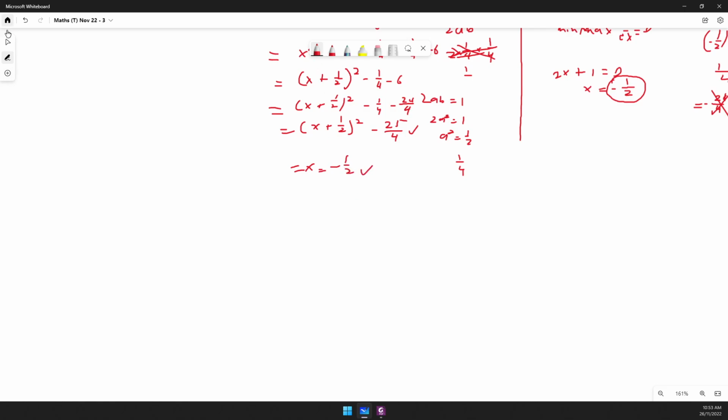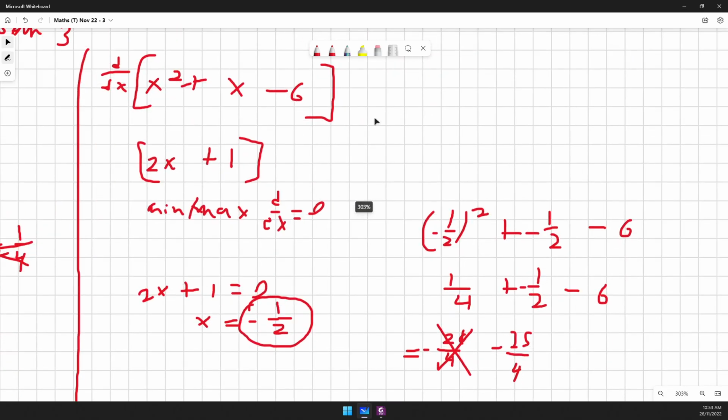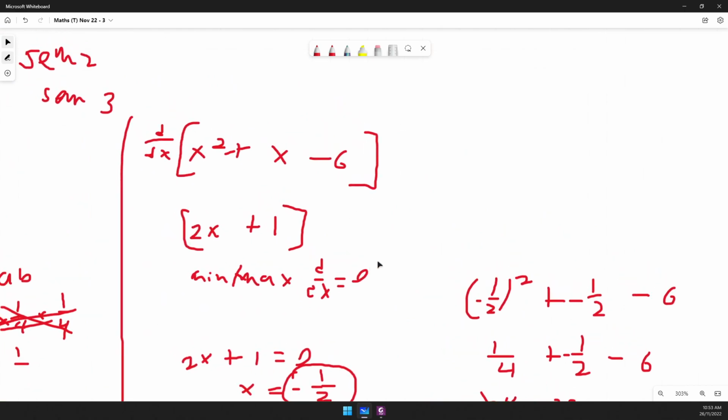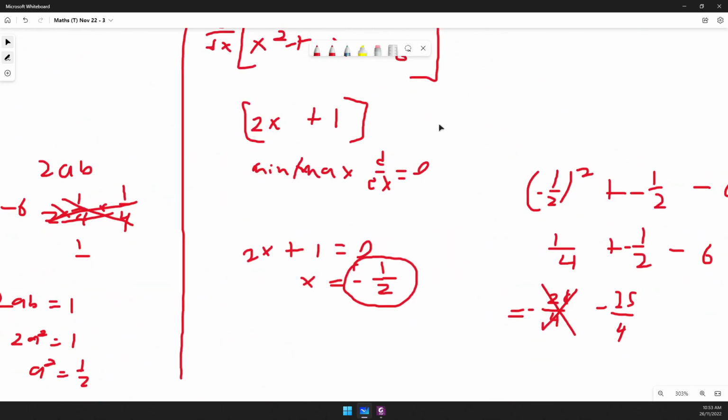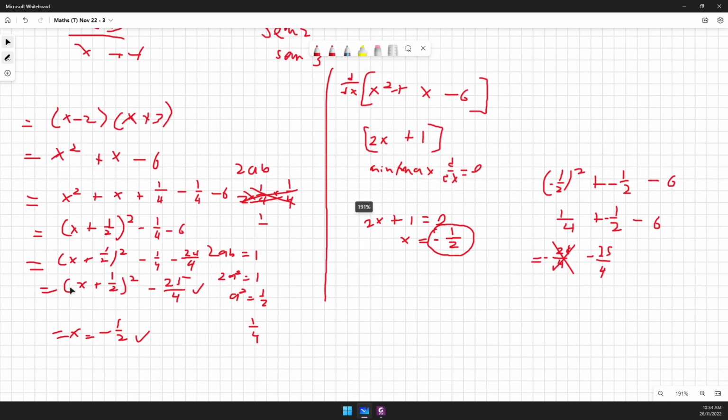You can just say d over dx of this thing, and then find the minimum or maximum by d over dx equals to 0, if you want to do it like this method. But if you think this is too much for you, you don't want to do differentiation calculus at all, just follow this. No problem at all.